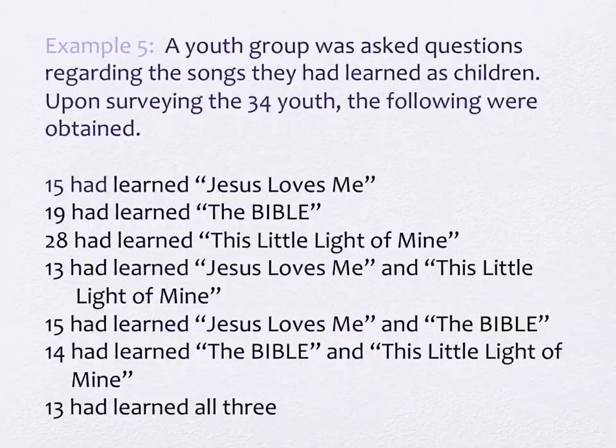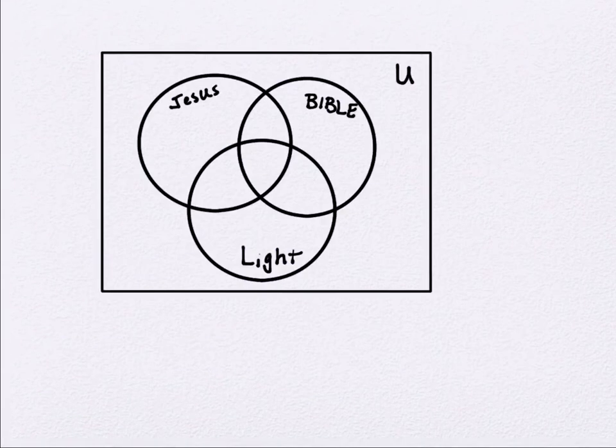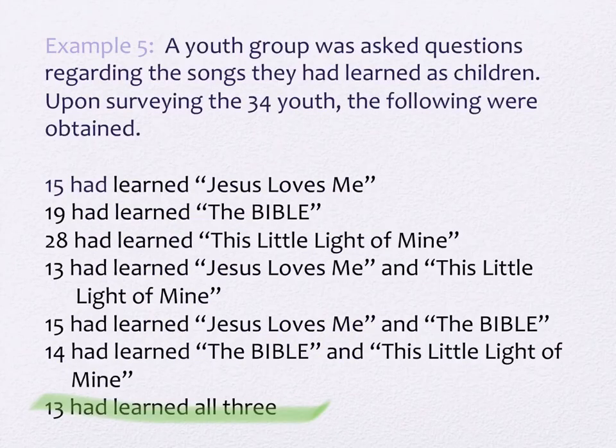Okay. What piece of information here is the most helpful place to start? The last one. The 13 had learned all 3. Where will that go? In the middle. All right, so far so good? All right, what would you like to do next? 15 learned Jesus Loves Me.